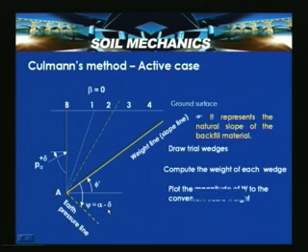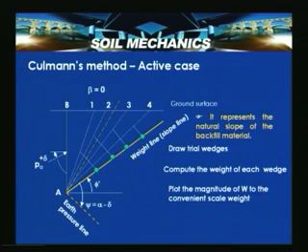Now, having drawn trial wedges, AB2 is the next trial wedge, AB3 is the third trial wedge, AB4 is the fourth trial wedge. Like that, you can have trial wedges.